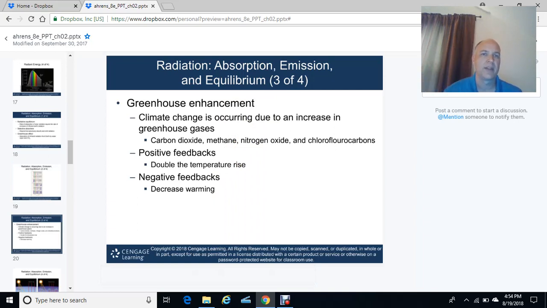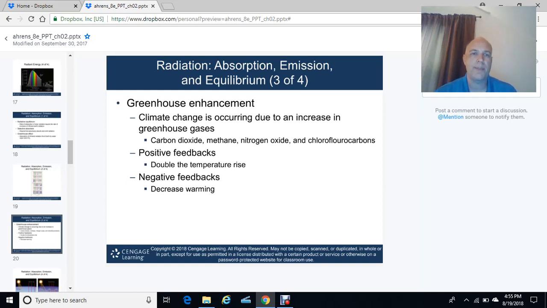So greenhouse enhancement, we hear about this all the time on TV. We hear, oh, the Earth is warming. We have greenhouse warming, global warming. So we do have climate change. It is occurring due to an increase in greenhouse gases.